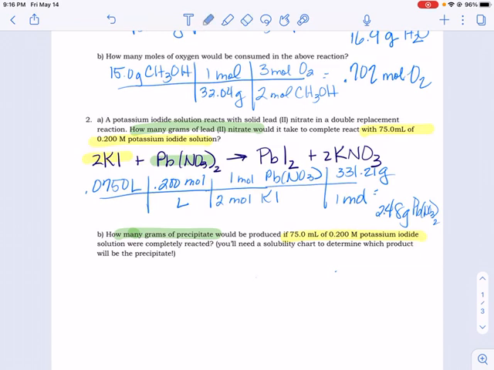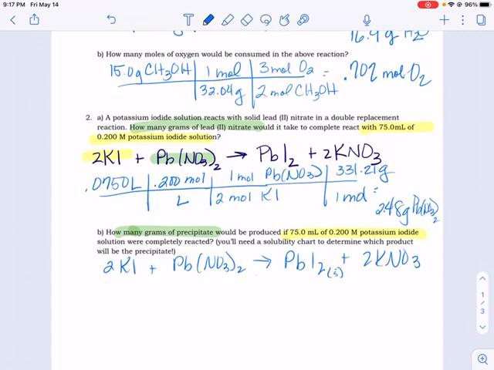All right. For letter B, we're using the same equation, 2KI plus lead nitrate, Pb(NO3)2, forms PbI2 plus 2KNO3. But this time, we want to know how many grams of precipitate.